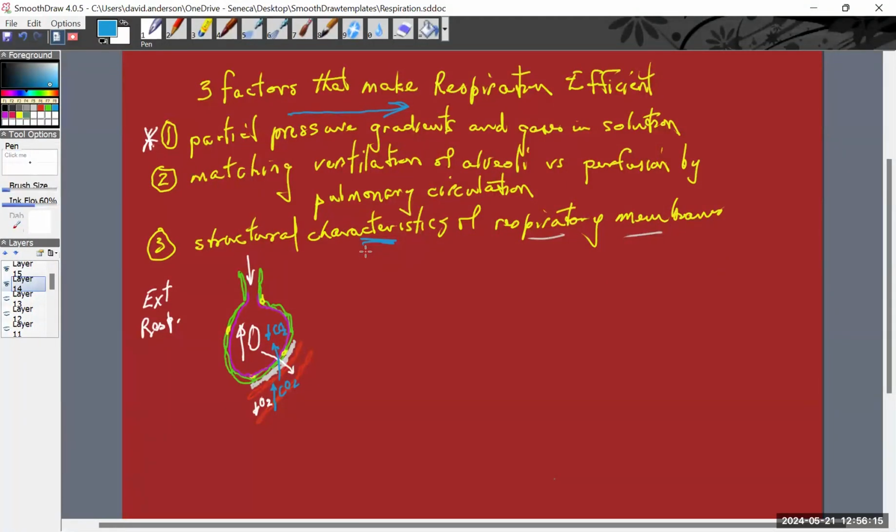Now, the low oxygen is because we're returning from the right side of the heart, deoxygenated, lower-oxygen blood, because we delivered it to the cells earlier. So the blood going back to the lungs that was pumped from the right side of the heart is lower in oxygen. So that created our gradient.